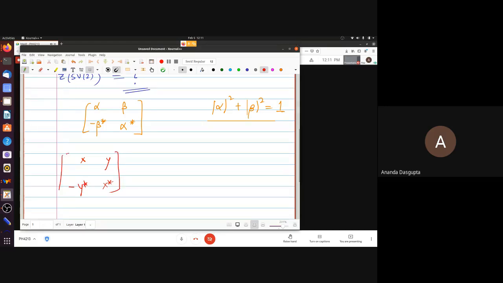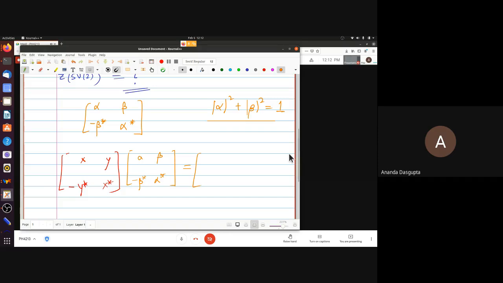What that will do is that if you multiply this by any of these elements, alpha, beta, alpha star, minus beta star, what you should get is the same as the result you get if you were to swap the two matrices.